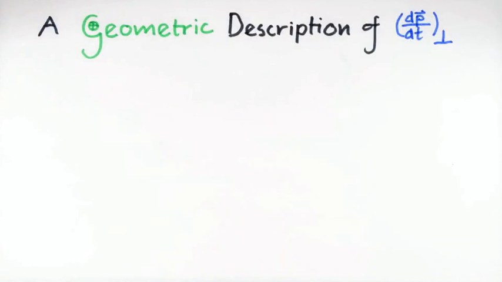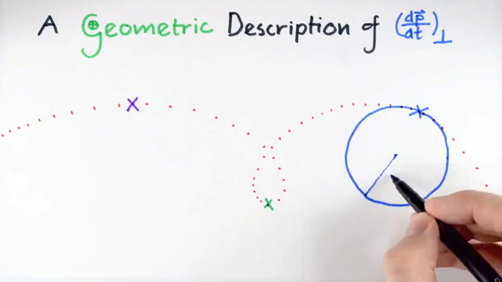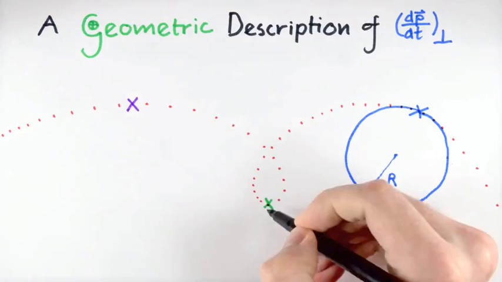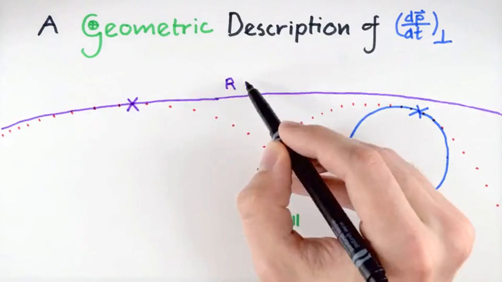We're now going to give a geometric description of what this term means. First, let's recognize that at the instant we look at the object moving on a trajectory, there is, in general, a unique circle that smoothly fits the trajectory at the location where the particle is located. By smoothly fits, we mean here the circle is tangent to the path at the location, and the circle has the same radius of curvature as the trajectory at the object's location.